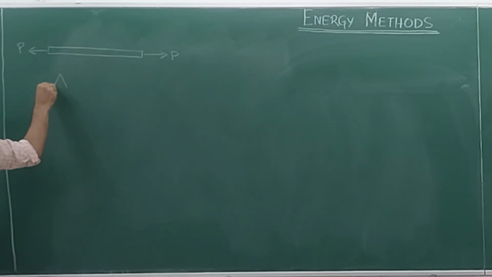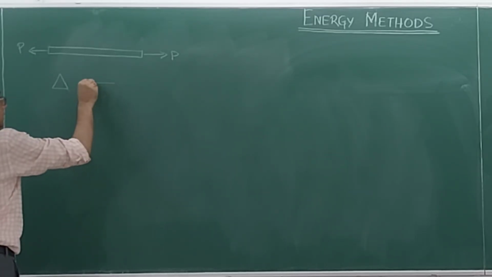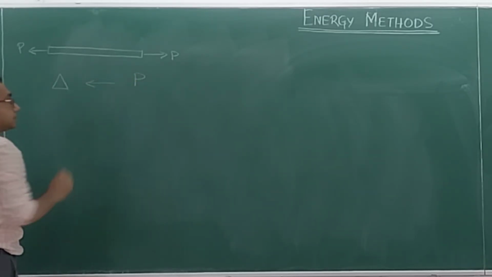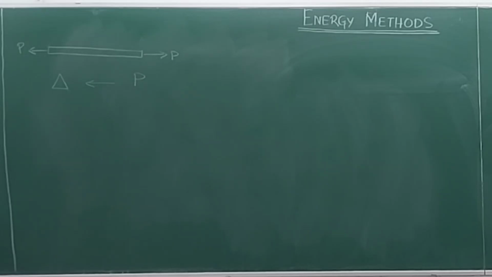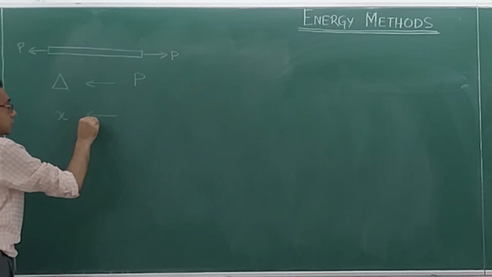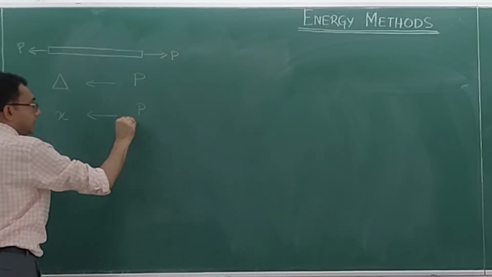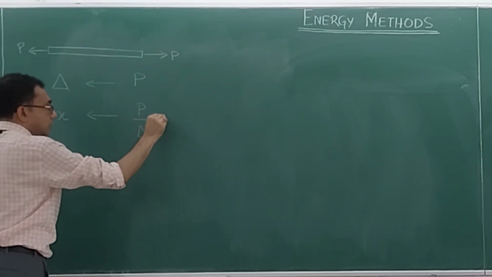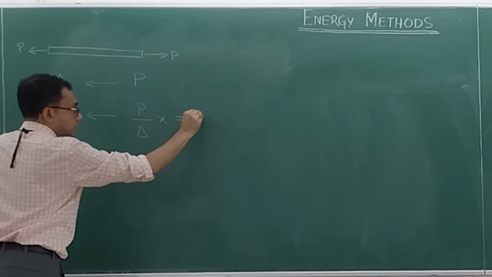So for the total deformation delta, the force is P. Absolutely like the unitary method which you learned in high school. But if the deformation is some x, then the force is going to be P divided by delta into x. This is going to be the force.